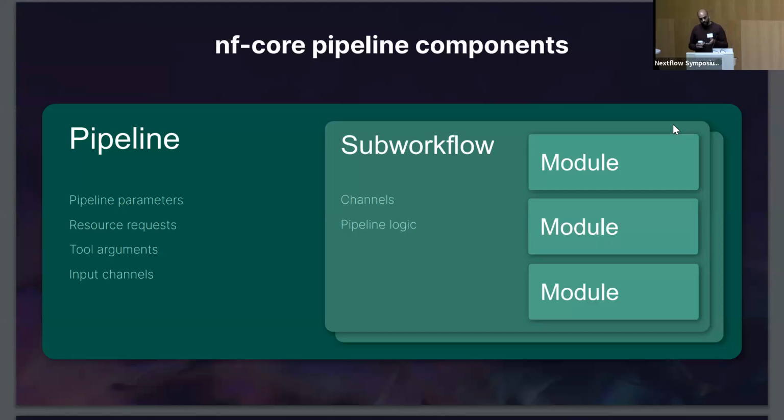And then underneath that, we've got modules. So a sub workflow is formed of a series of modules. A module is a single unit in our definition of Nextflow, which is just a single process. And that would be a process to run, say, BWA-MEM or FastQC and so on. And the fact that these are all individual, again, it just means that it makes it a lot easier to share.